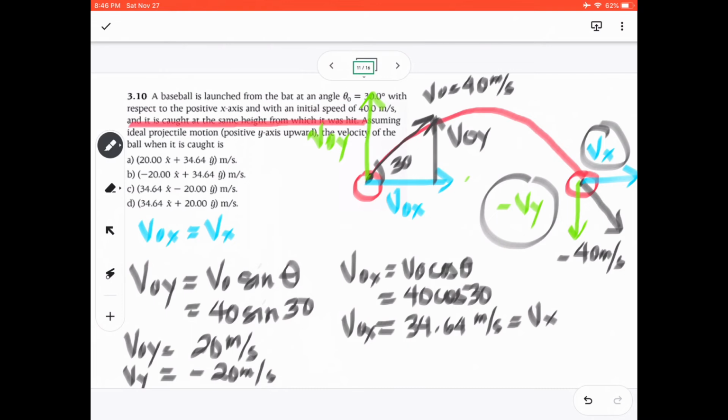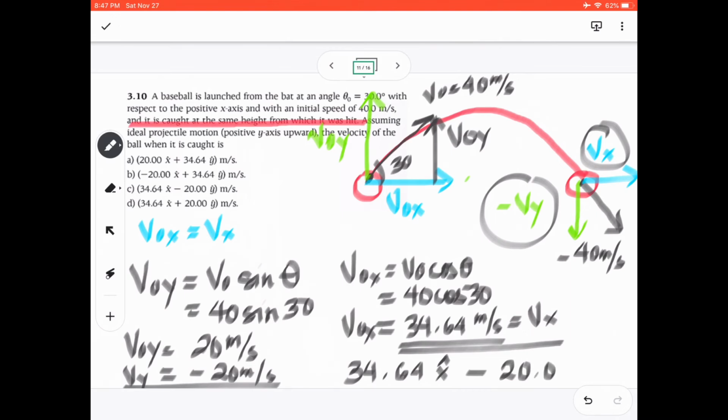Now, what is the velocity of the ball when it's caught? So we have this along the x-axis and this along the y-axis. If we are going to use the vector form of this, it will be 34.64x minus 20.00y, and both of them will be meters per second.